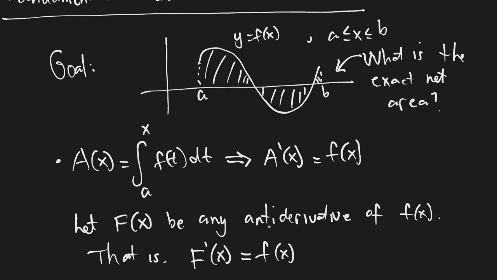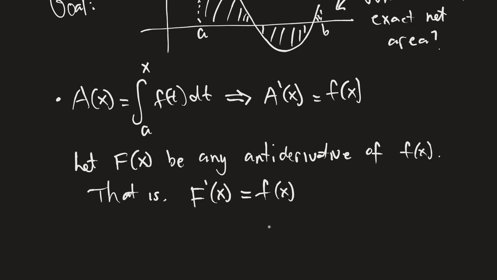So combining these two equations, A prime of x has to be equal to F prime of x.